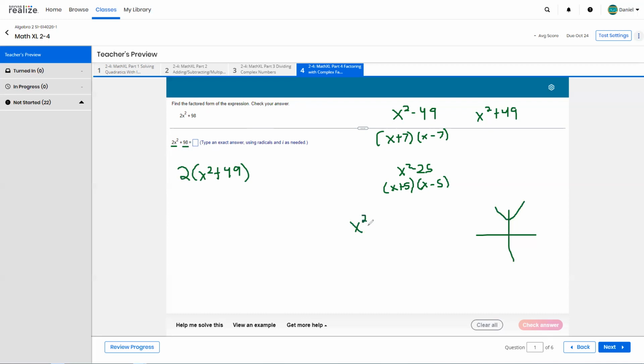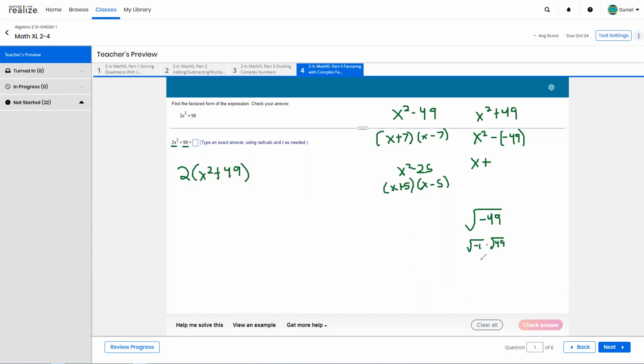What we want to do is turn it into the difference of 2 squares, sort of. So instead of x squared plus 49, we're going to make this x squared minus negative 49. Then we take the square root of x squared, which is x, plus the square root of negative 49, which is the square root of negative 1 times the square root of 49.